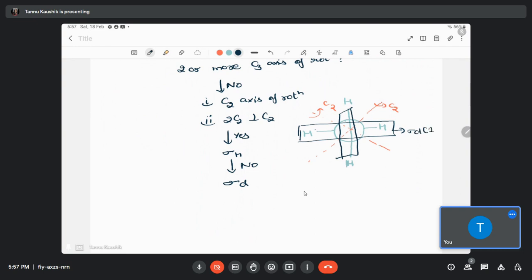So these are sigma d. So we have two dihedral planes. So the point group is therefore D2d point group.